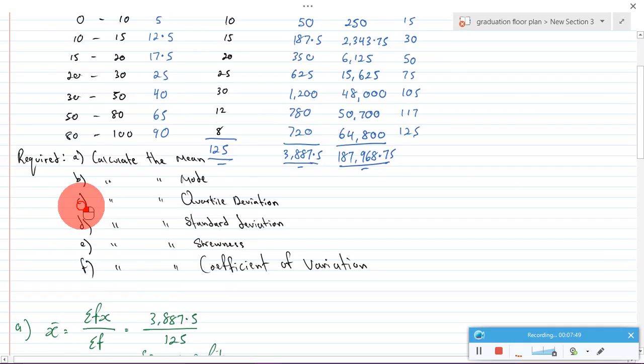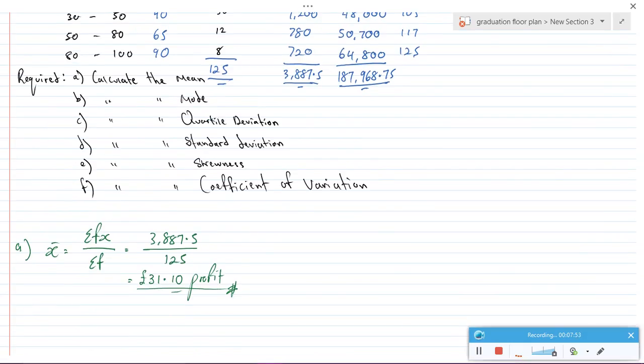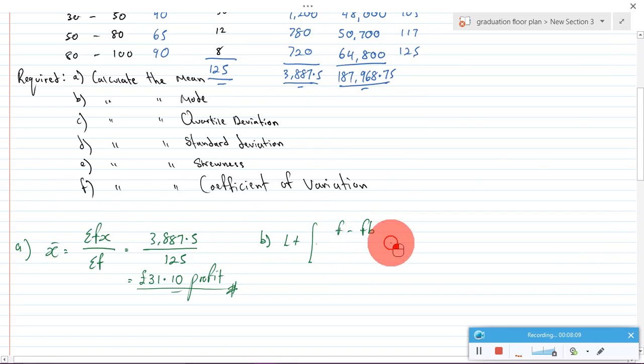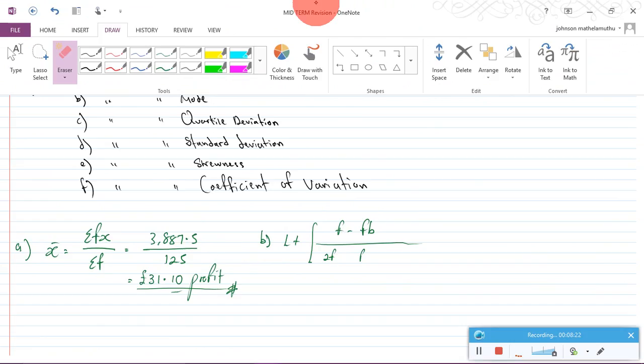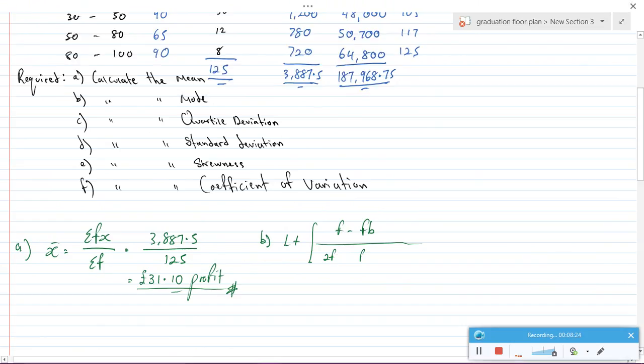B. Mode. Remember the formula of mode? L plus bracket F minus U by 2F minus F. So mode.